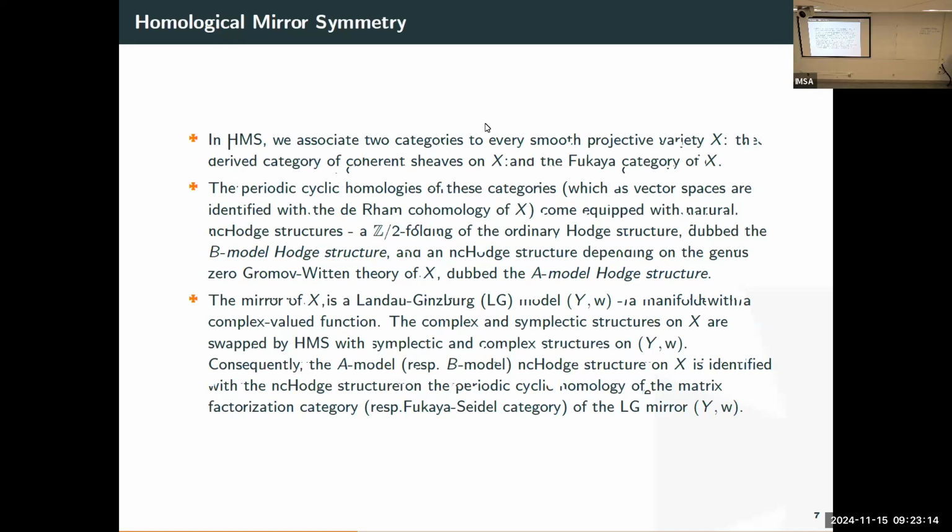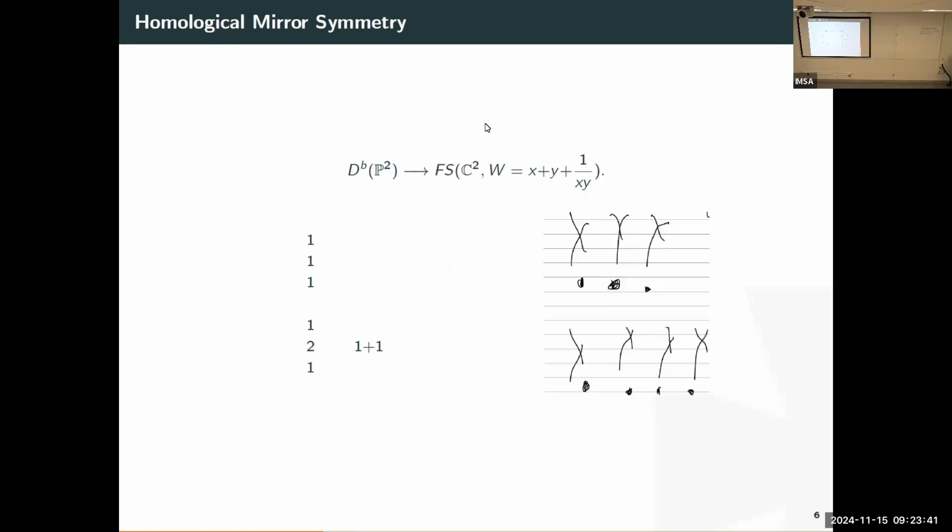But once again, this is just a suggestion, and I'll try to emphasize it on a couple of examples so that you see where this suggestion comes from. Eventually we'll try to record this in additional data coming from the quantum differential equation, just for the purpose of this talk. There are many other additional structures that can be used here. So let's look at some examples which will give us the opportunity to look at this.